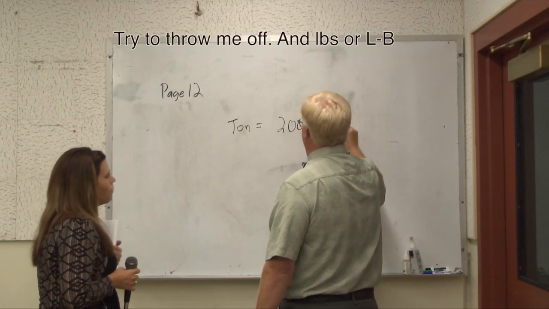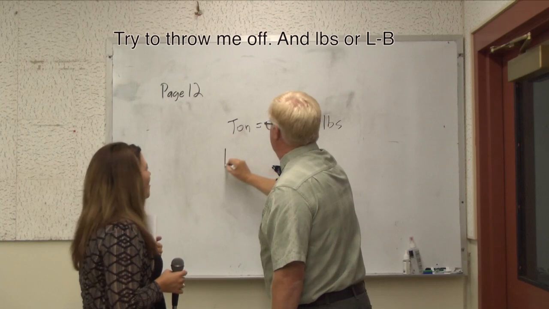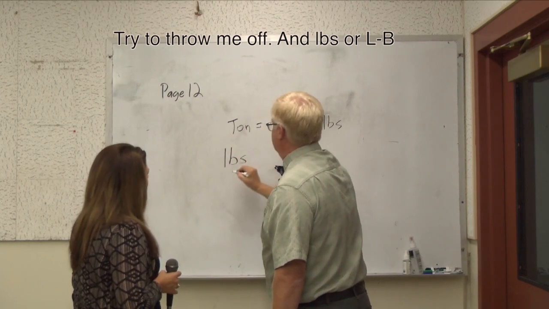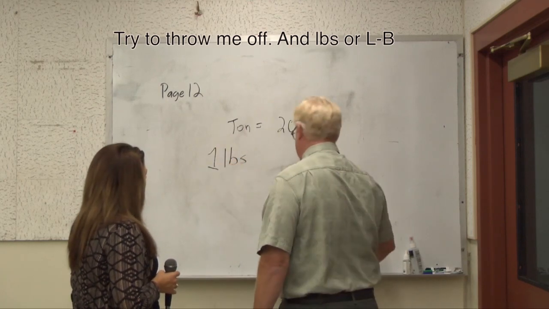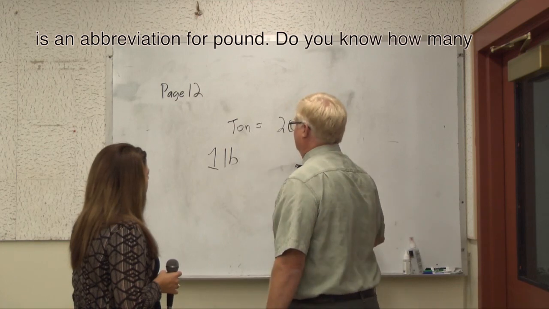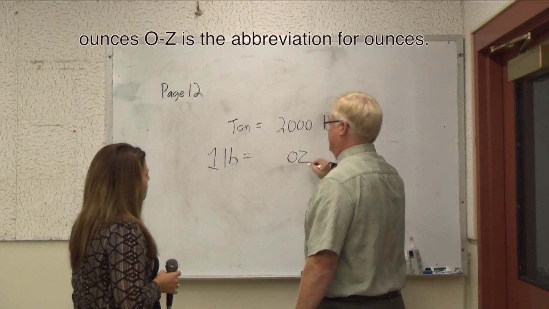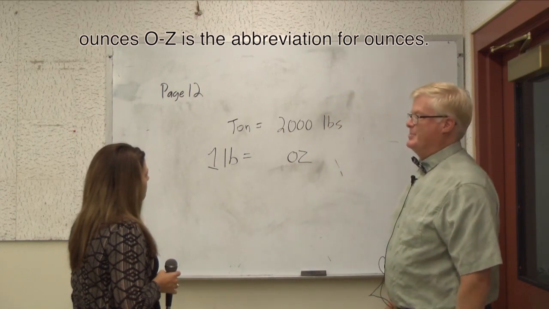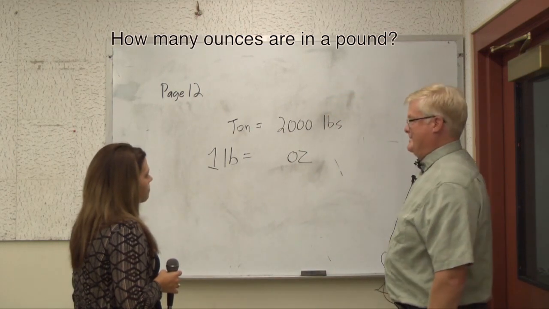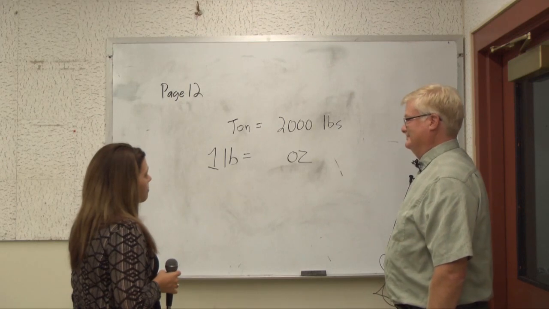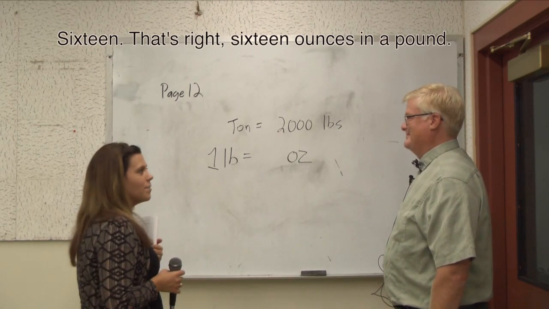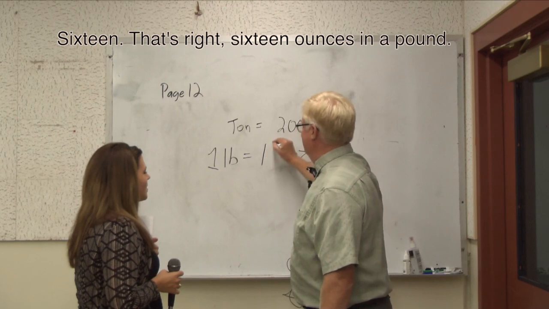LBS, or LB, is an abbreviation for pound. Do you know how many ounces are in a pound? OZ is the abbreviation for ounces. 16. That's right, 16 ounces in a pound.